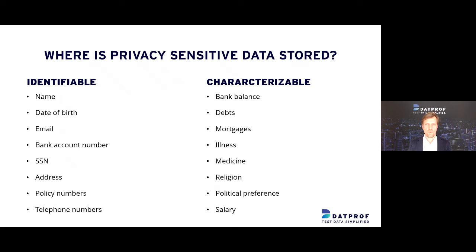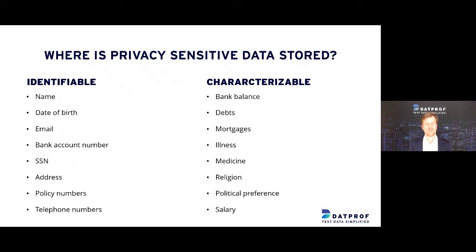This is another reason why we like to start with identifiable data: in most cases it is way more static, where characterizable data is in most cases way more transactional and way more dynamic. And that also introduces a bit more complexity, of course. If you only do the static data, then you will just manipulate a set of data and that's it.